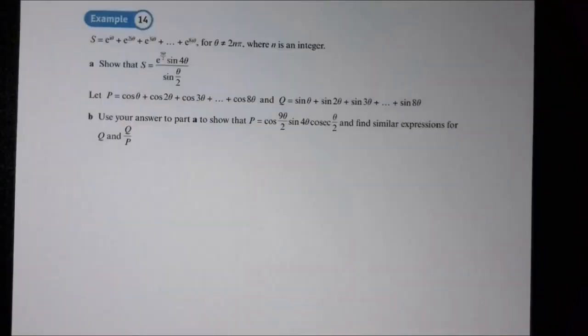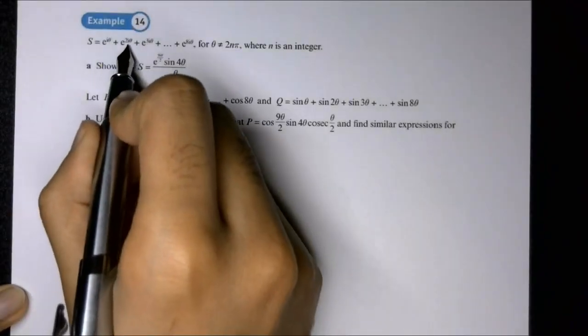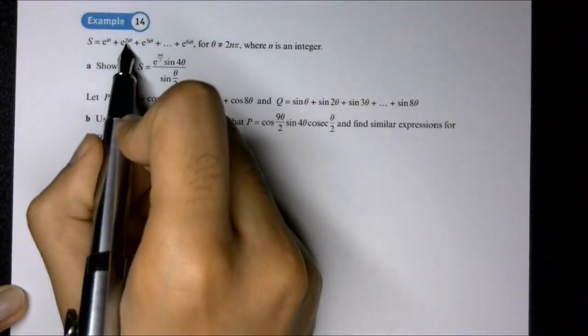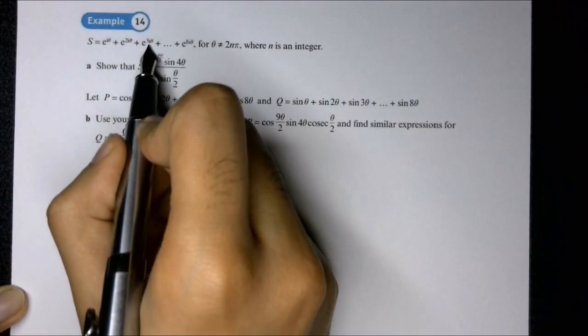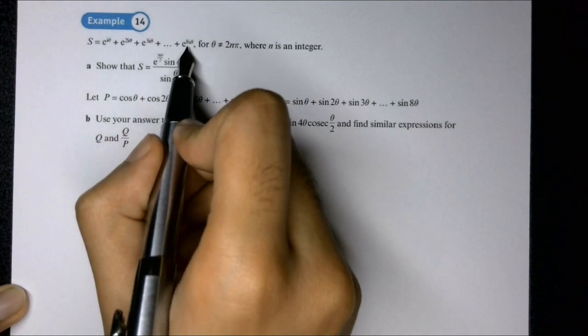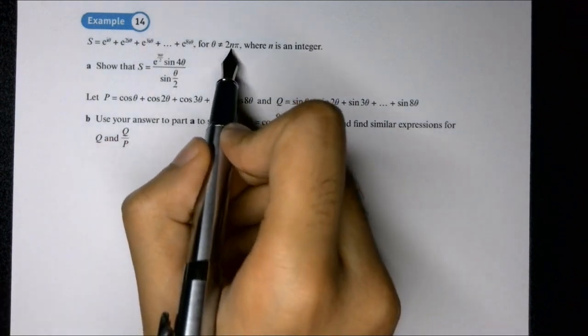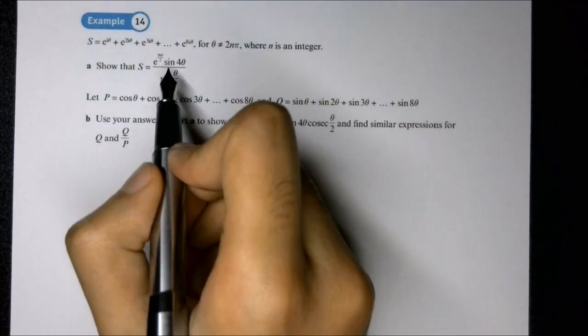14. We have s, which is equal to e to the i theta plus e to the 2i theta plus e to the 3i theta, etc., up until the final term e to the 8i theta, for theta not equaling 2n pi, where n is an integer.